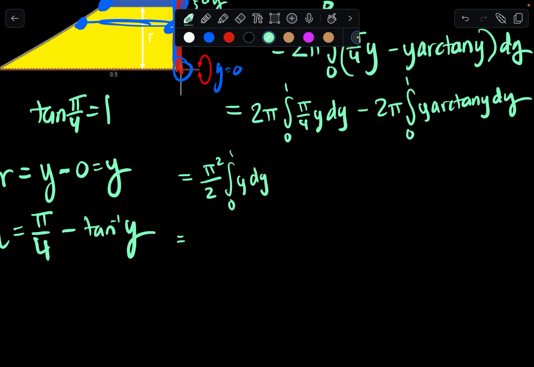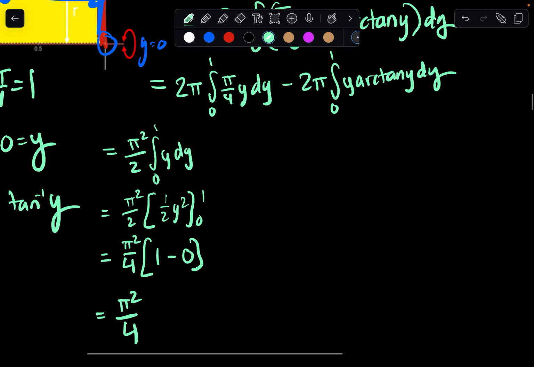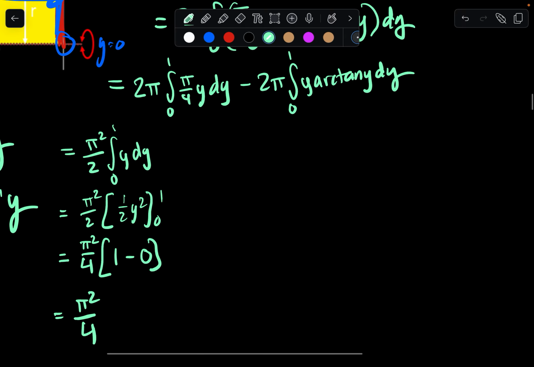So pi squared over 2, we're integrating, we get 1/2 y squared from 0 to 1. We can go ahead and bring out the 1/2, so we get pi squared over 4. And first fundamental theorem, we end up with 1 minus 0. So we have pi squared over 4. Okay, and then let's see where we end up with the second part.